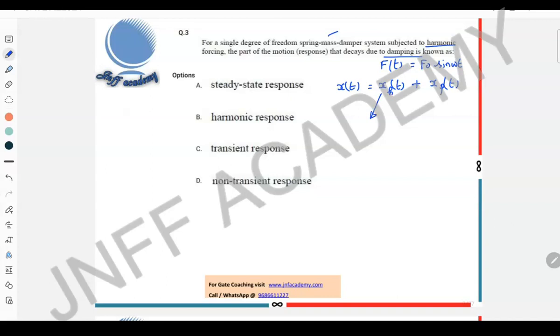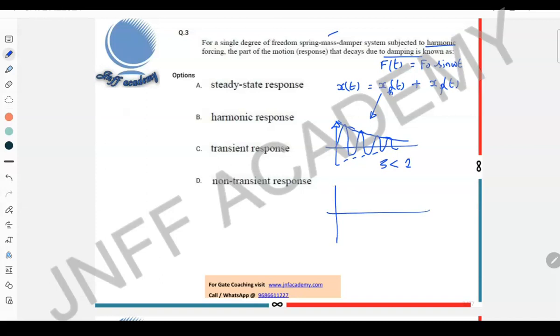If you look at this damping, this will come like this. So the function is a transient function. The response is a transient response. Based on the damping, the graph may come like this. For under damped condition, zeta is less than 1.